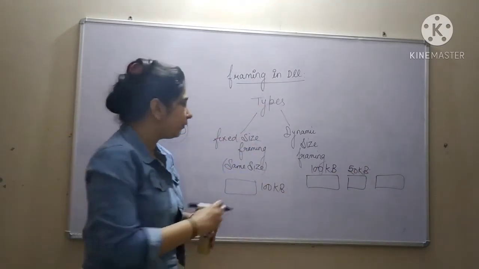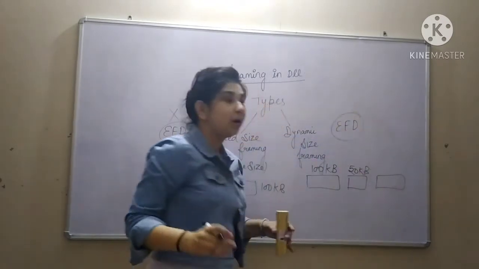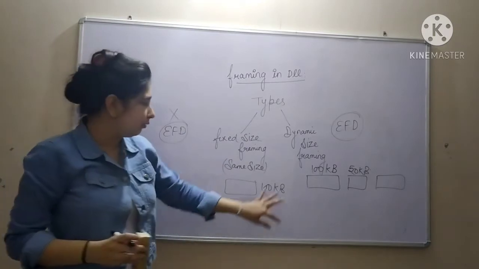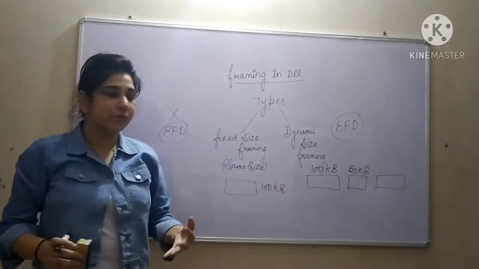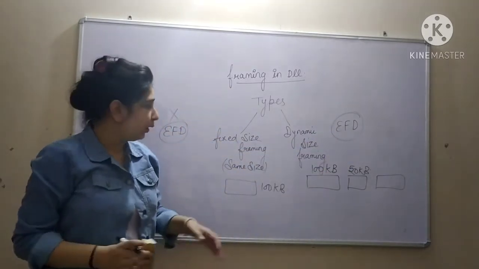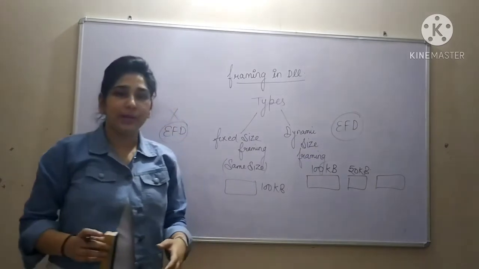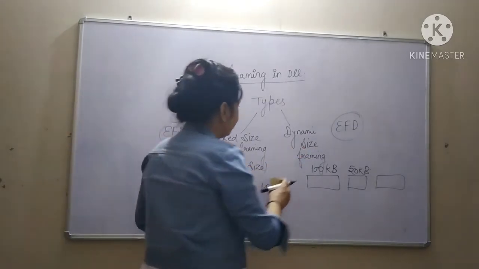In this case, we really need an end frame delimiter, because you are not fixing your frame. You cannot determine the size of the frame without an end frame delimiter. That's why we really need end frame delimiter in dynamic sized framing.